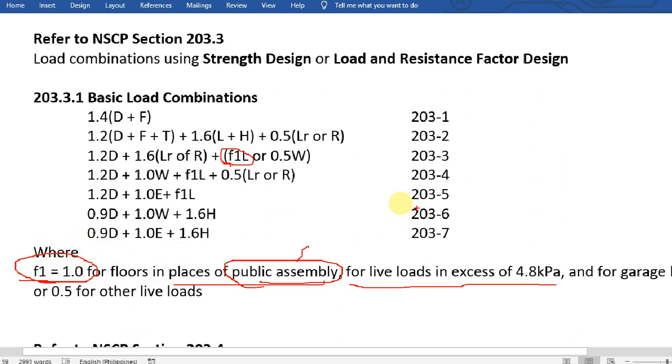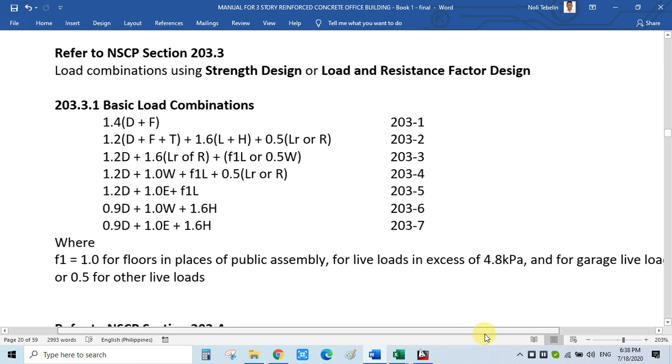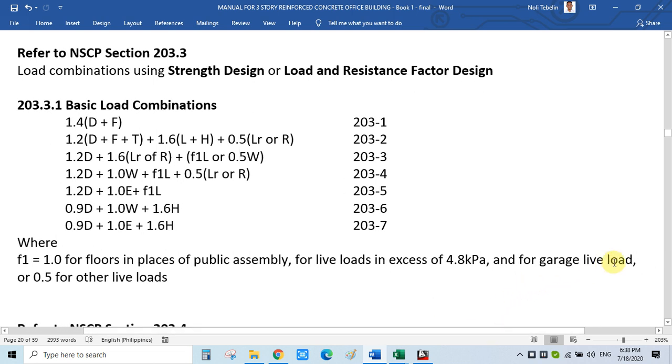And for the garage live load, so 1.0 siya, or 0.5 for other live loads. So, for example, I have a residential. So, below 4.8 siya. So, basically, magiging 0.5 yon. O kung meron tayong office dito sa tutorial natin, as discussed from the above, the value of live load is 2.4, then we will have F1 equivalent to 0.5.